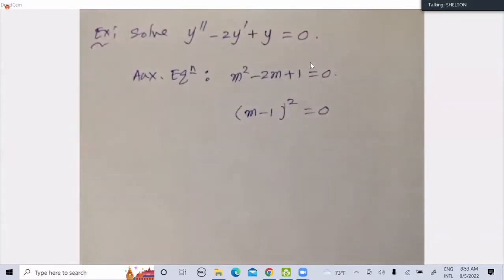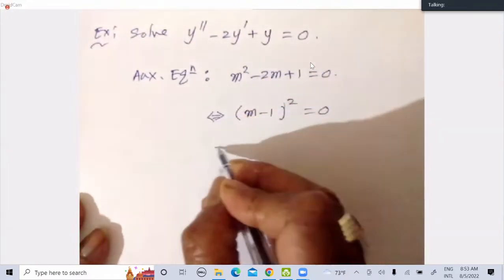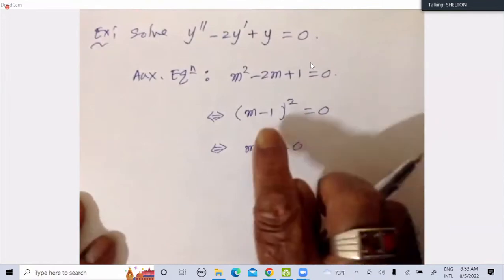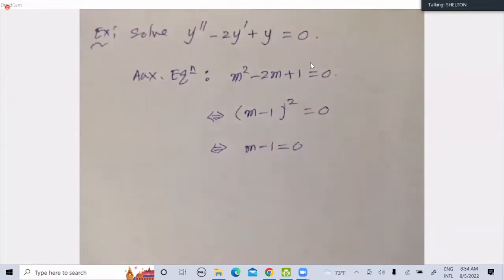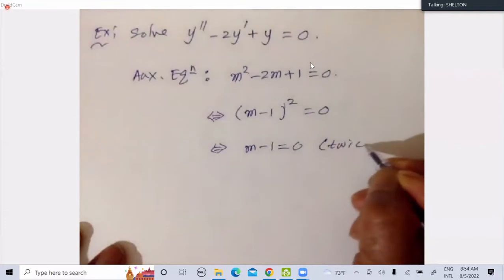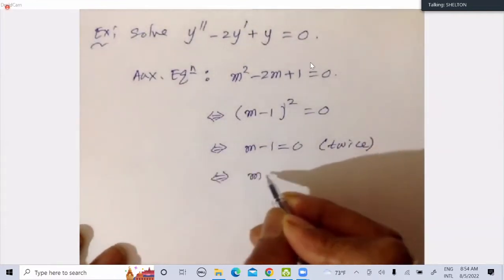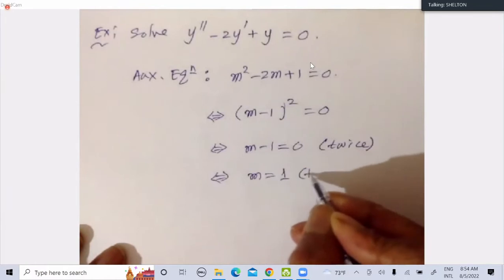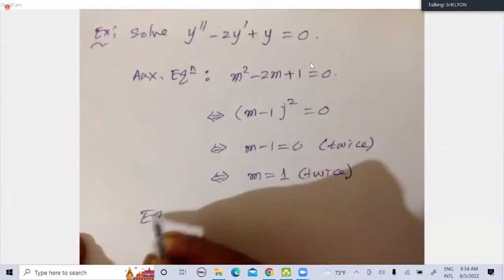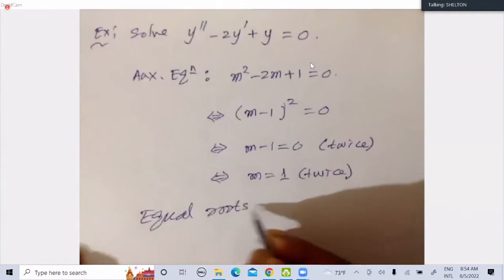So this is m minus 1 times m minus 1, so m minus 1 equal to 0 twice. So we get the equal roots case, m is equal to 1 twice. Equal roots for the auxiliary equation.